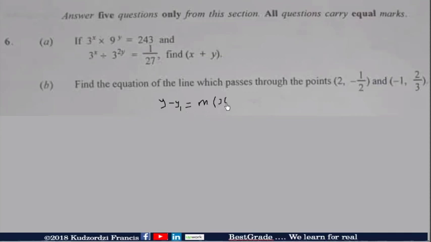M is the slope, which is also given by the formula y2 minus y1 over x2 minus x1.